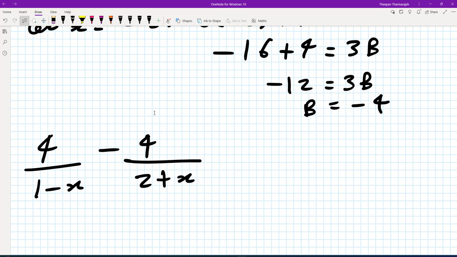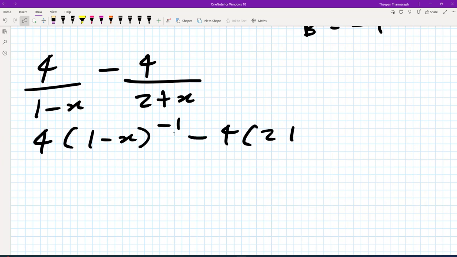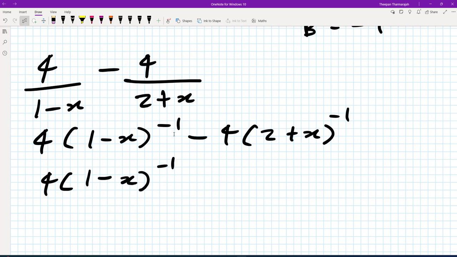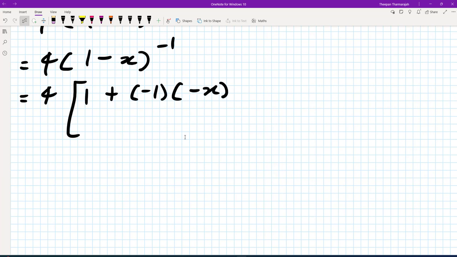So we could write this as 4 times 1 minus x raised to the power minus 1, minus 4 times 2 plus x raised to the power of minus 1. So if we take the first one, 4 times 1 minus x, all raised to the power minus 1, that's going to give me the following: 4, and that's going to give me 1 plus minus 1, which is n, times minus x.